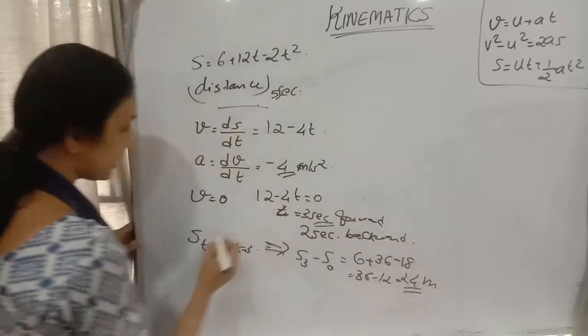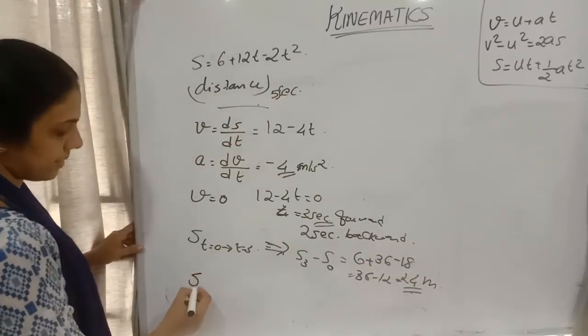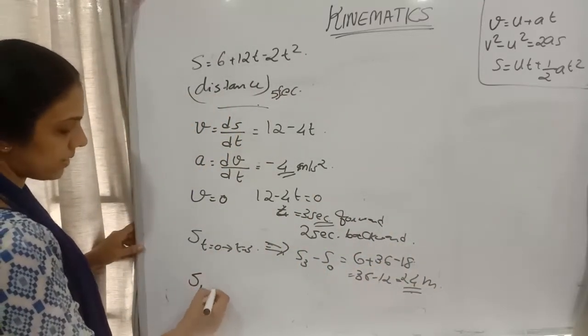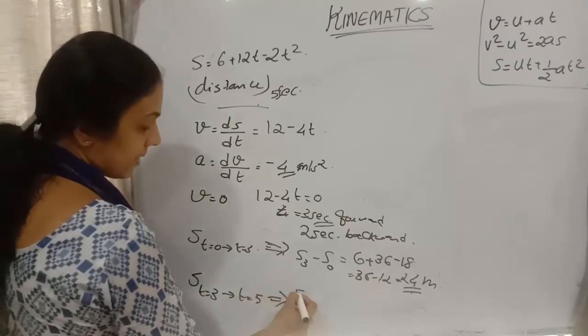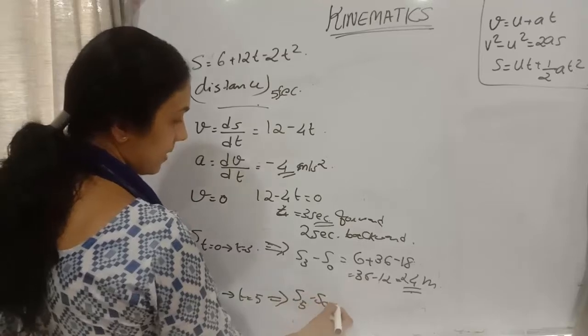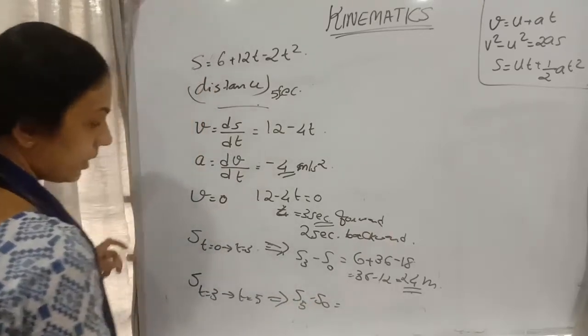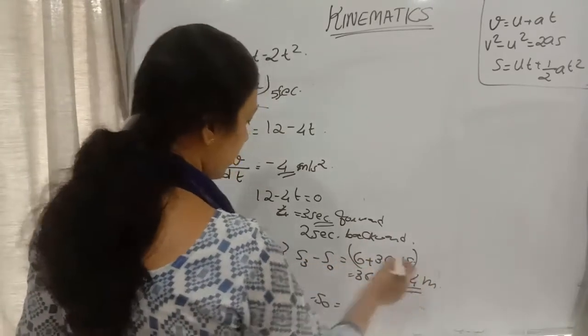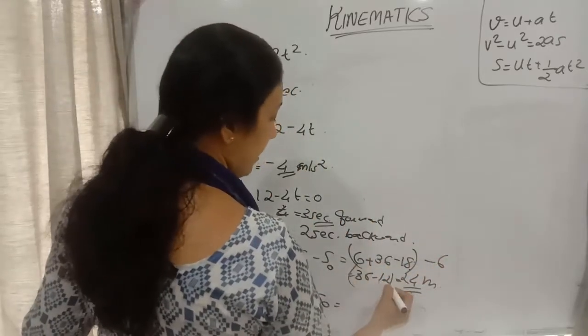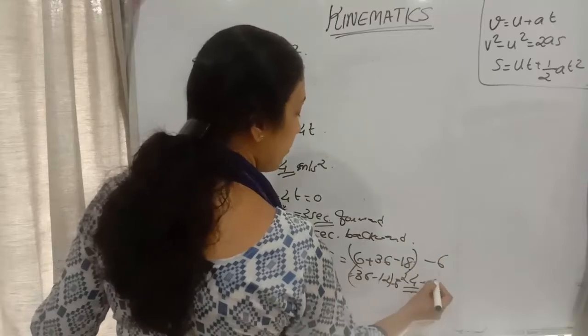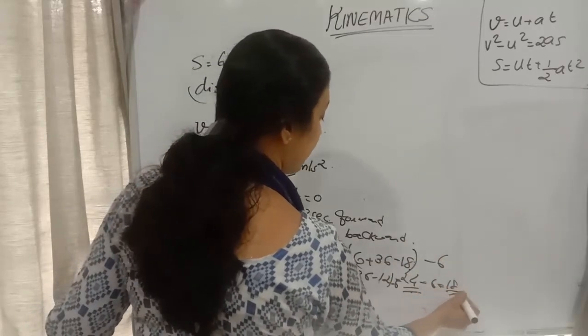Next, from t = 3 seconds to t = 5 seconds, what will be the distance covered? S5 - S3. Here S0 will be 6, so minus 6 also should be considered. Therefore it is equal to 18.